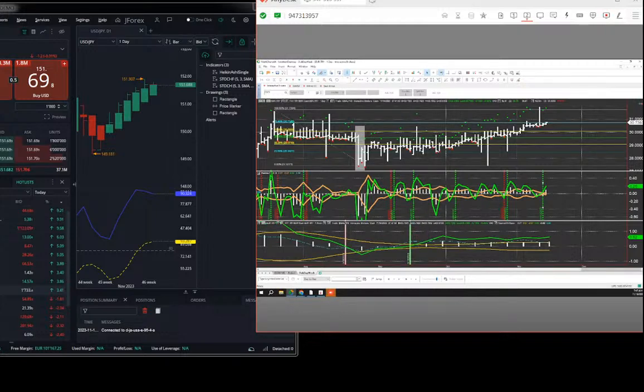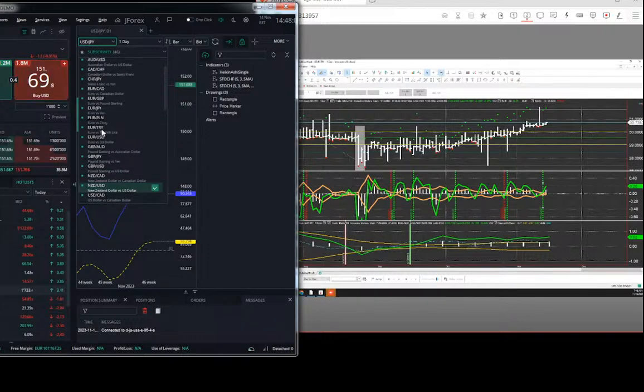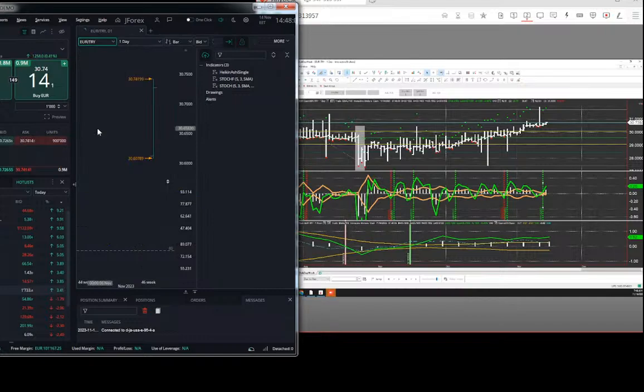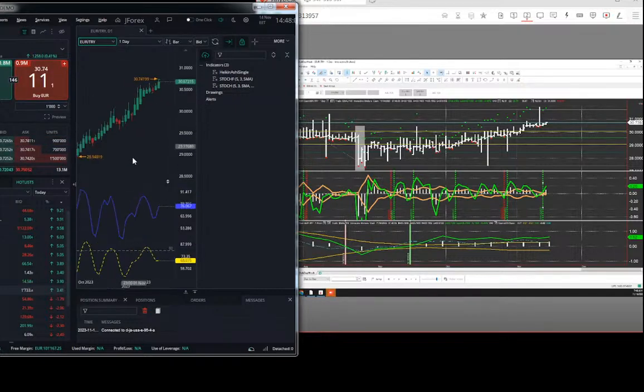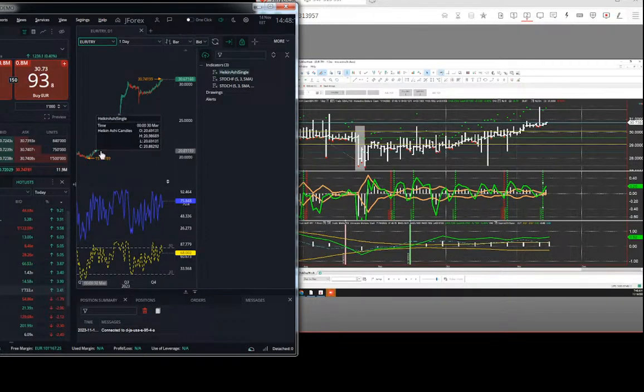We run over to J4X to show you the same situation going on with the great experiment, better known as the Turkish lira. Right there, there it is, the great experiment. You can see on the chart, that's the great experiment, going all the way back to Q1 in 2022, where it was trading at 19.